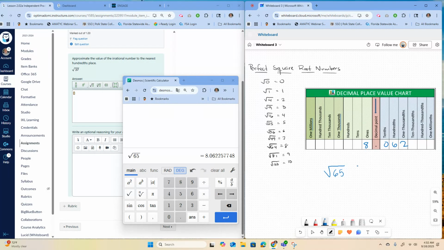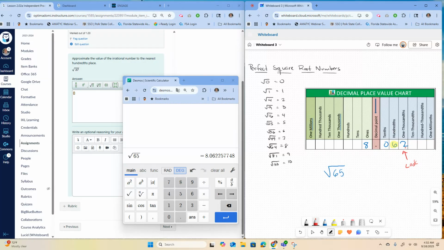So if you're rounding to the hundredths, you need the next digit after. To round where the 6 is, since it says hundredths, I'm going to look at the digit to the right. If that digit is 5 or more, the 6 will go up by 1. When it's not 5 or more, it will stay the same.